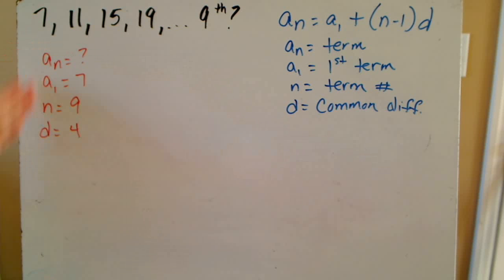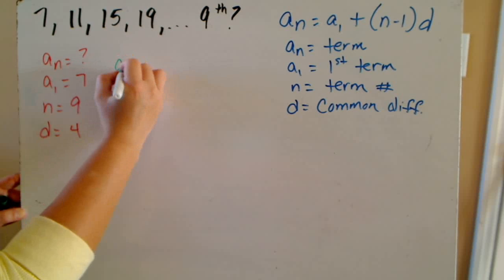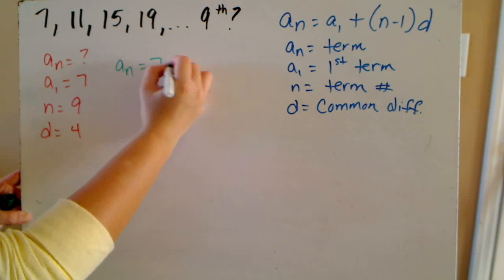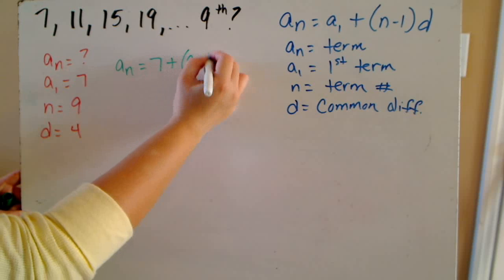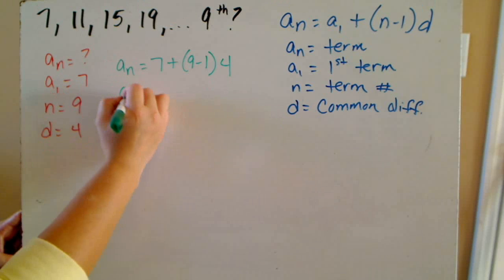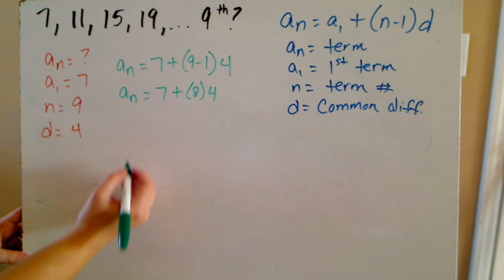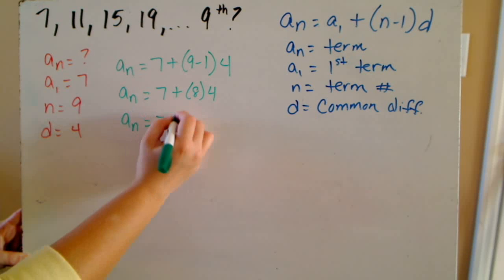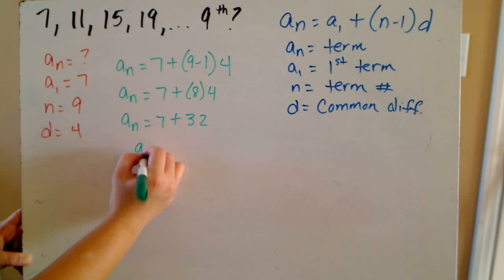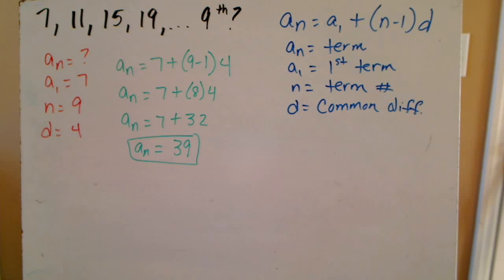So then we just plug these numbers into our formula. Let me just finish the calculations. So we just figured out that our ninth term in this sequence is going to be 39.